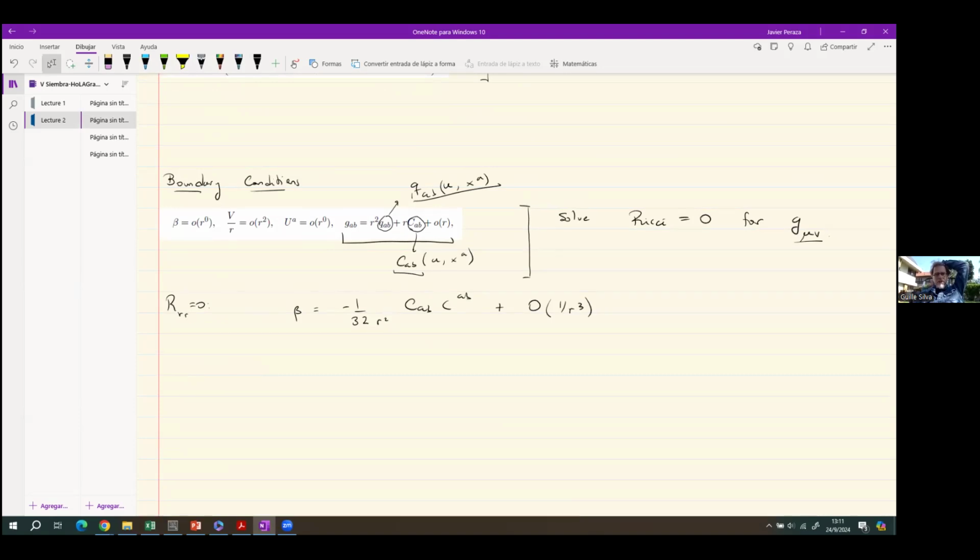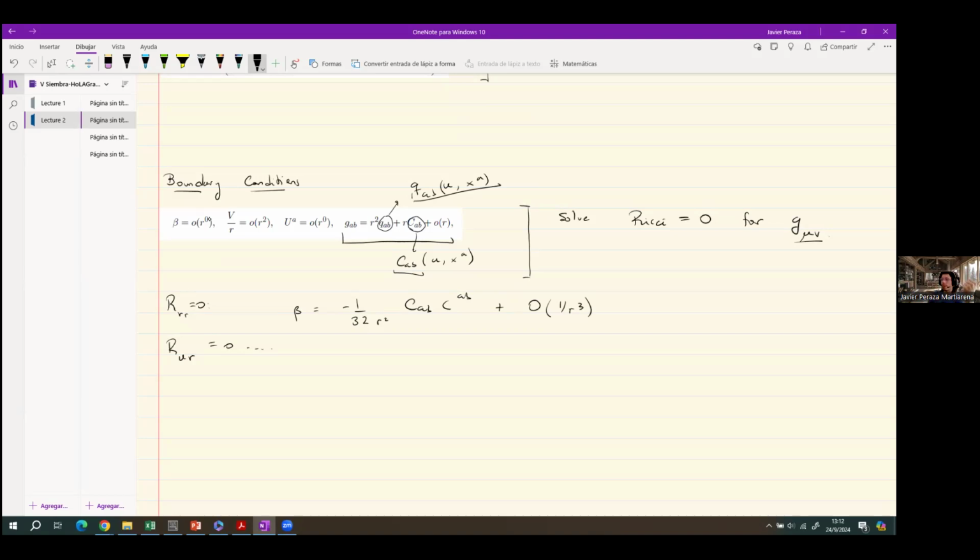Is it Q or C? Exactly, I was going there. So when we solve these equations, Ricci equals 0, we have a set of equations, and we have to decide which is our initial data. And we have two different approaches to which is the data.